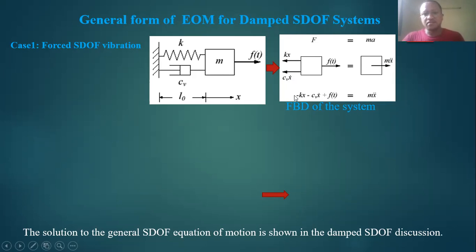Minus k, because minus indicates that our coordinate system is the normal xy coordinate system, from left to right positive and from bottom to top positive. So minus kx minus c x dot plus f of t is equal to m x double dot, directly applying Newton's second law.